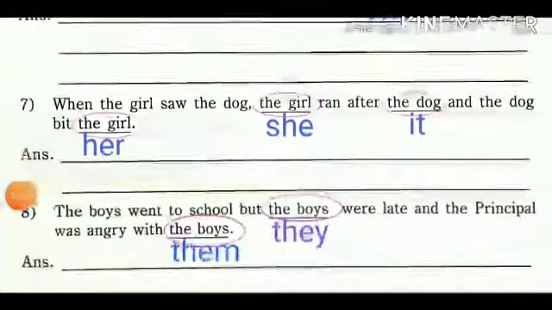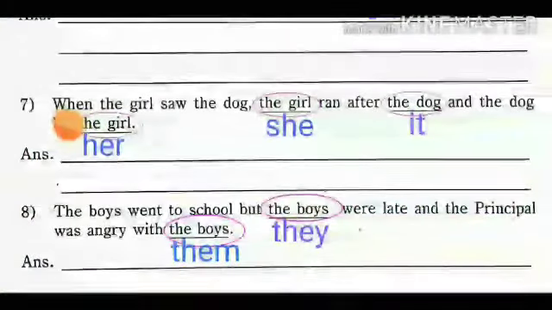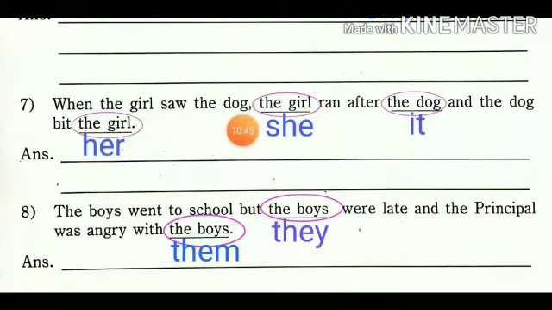Seventh number: when the girl saw the dog, she ran after it and the dog bit her. So here the girl, the main girl is here, and repetition of that girl again here, and again repetition is here.